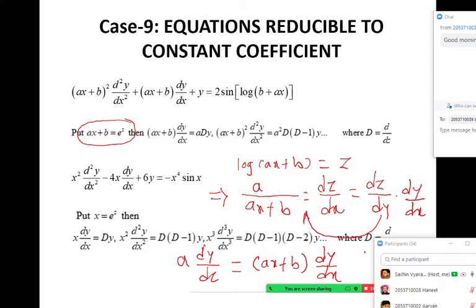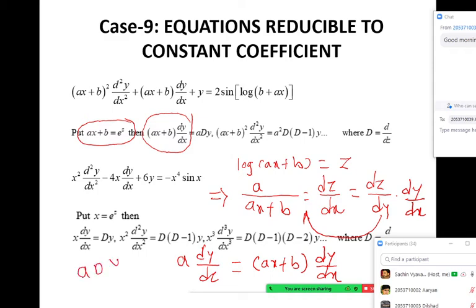Yes, sir. Okay. So we got this value of ax plus b into dy by dx, and this same term is equal to a dy by dz. Now you will observe the left hand side has a variable coefficient, and the right hand side has the differential coefficient as a constant coefficient.